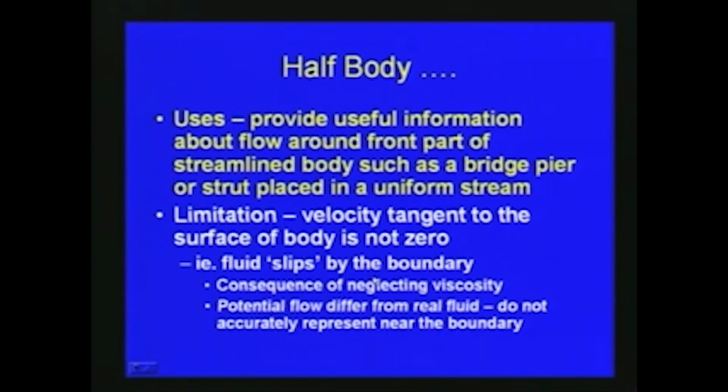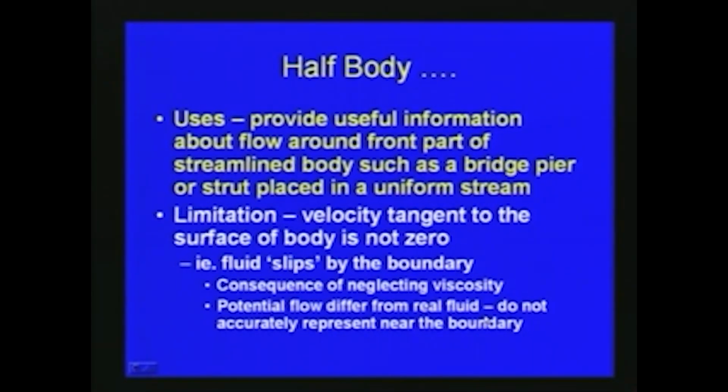The main limitation here is that the velocity tangent to the surface of the body is not zero, which is not realistic; that is, the fluid slips by the boundary. This is a consequence of neglecting viscosity: the fluid slips by the boundary and the potential flow differs from the real fluid, so it does not accurately represent the flow near the boundary.